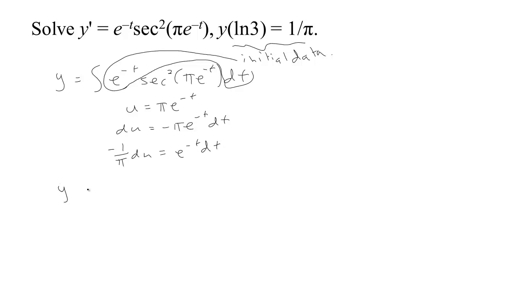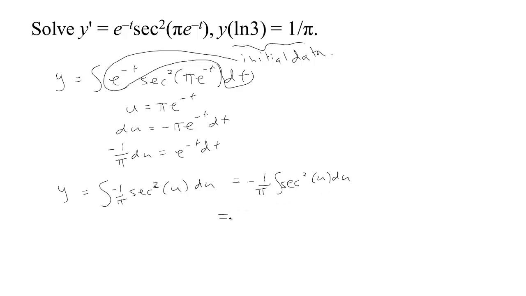With that, we can do our substitution. We get the secant squared of pi e to the negative t, that's secant squared of u. And then this e to the minus t dt is negative 1 over pi times du. If we pull the constant through, all we have to do is find the antiderivative of the secant squared of u.